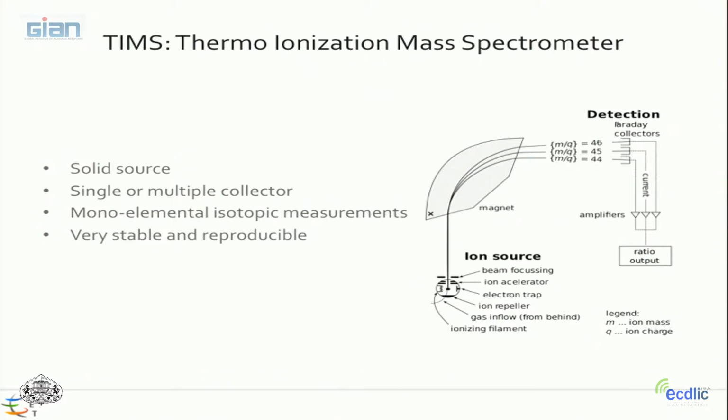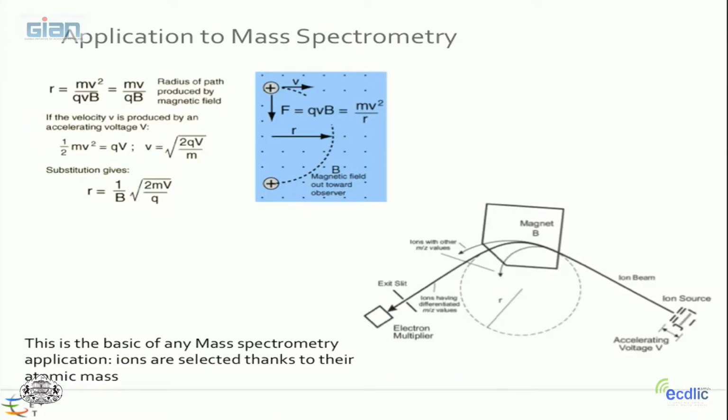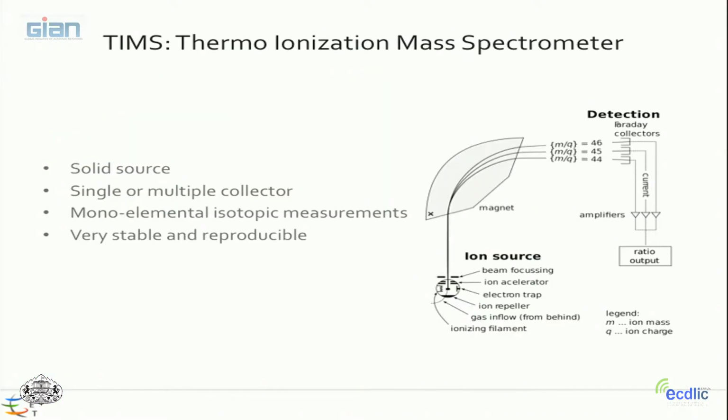Then it goes into a flying tube, and it's deviated in a magnet. In the early time, you have only one collector, so you have only one isotope. You select the value of the magnetic field. You adapt the B here, and you can change the radius. But still, you have one element in one collector.